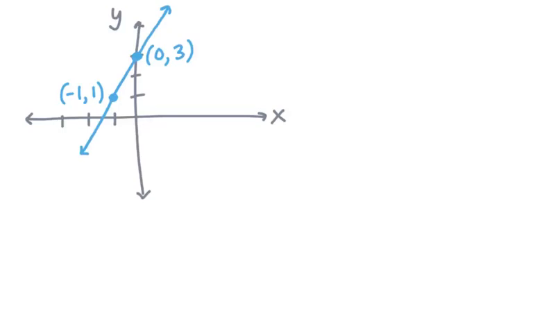What's neat about this is since we have a function graphed and we can tell it passes the horizontal line test, we can find the inverse very quickly. I'm going to reiterate the points we just found for the function: 0, 3 and -1, 1. When we graph the inverse function, we literally flip the x's and the y's.